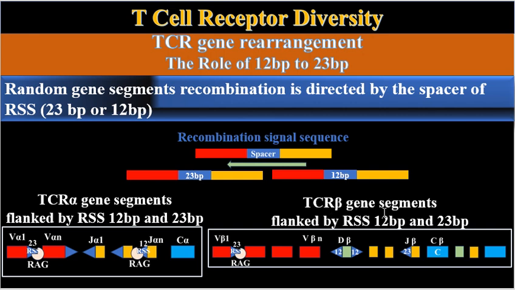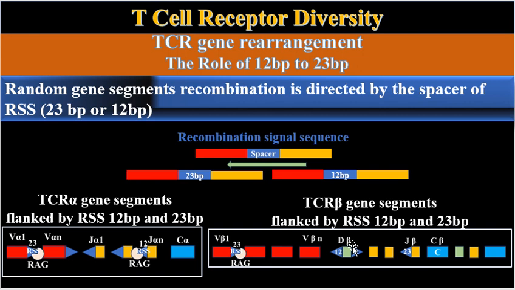For TCR beta gene segments, as can be seen here, the recombination signal sequence of 23 base pair spacer flanks the variable beta at the 3' side and flanks the joining beta segment at the 5' side.